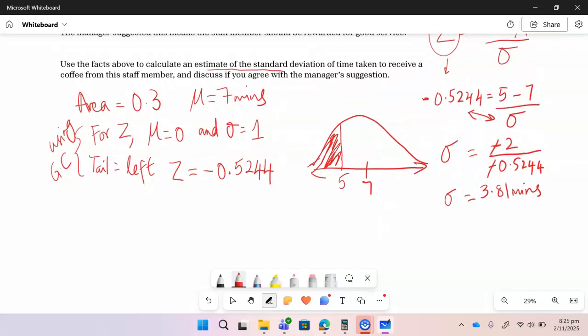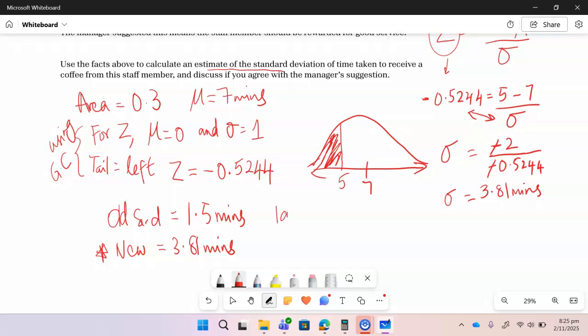So the old standard deviation was 1.5 minutes, and now for this particular staff member, it is 3.81 minutes. A larger standard deviation means more variation, as in their times will be spread out more.